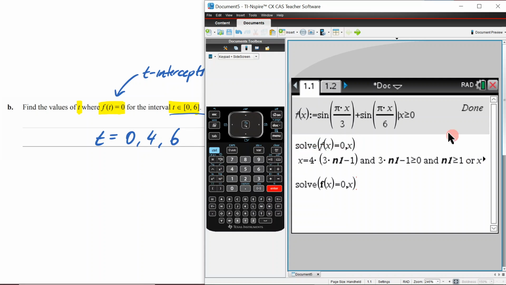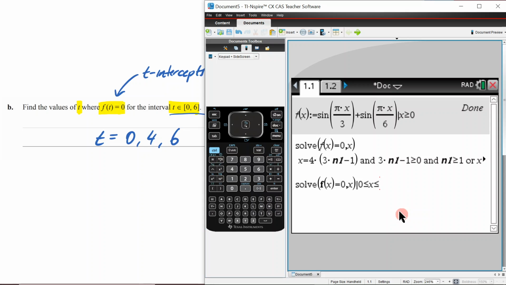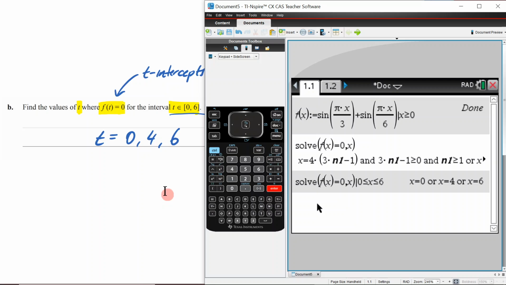What a great teaching moment this is. I'm going to say between 0 and 6, hit enter. Aha, 0, 4, and 6. That's because I didn't restrict my domain here, so it just gave me values to infinity. I just want 0, 4, and 6.